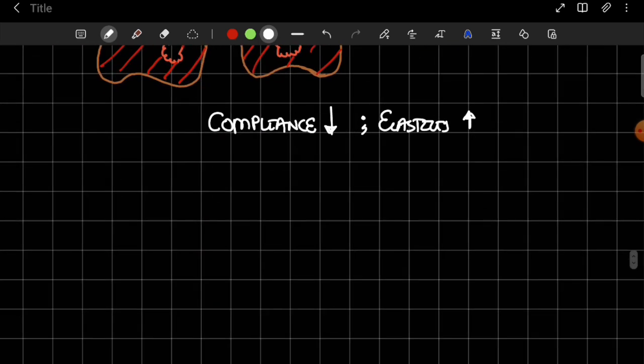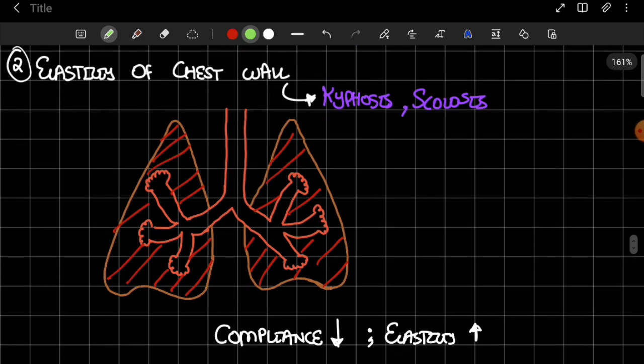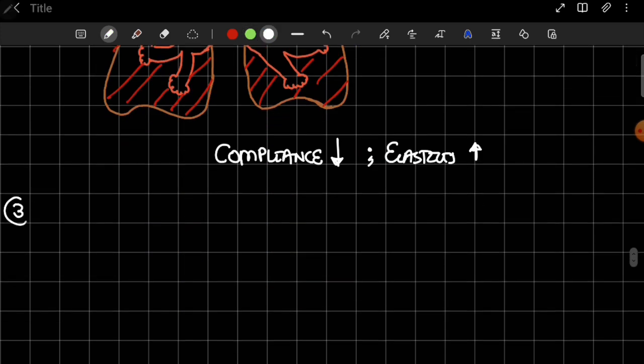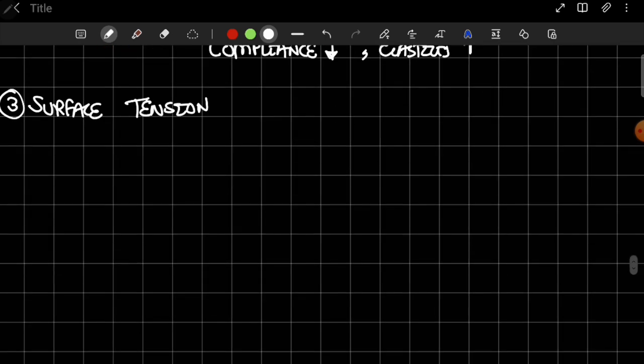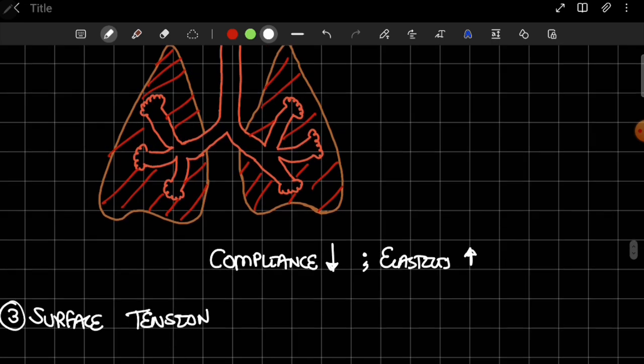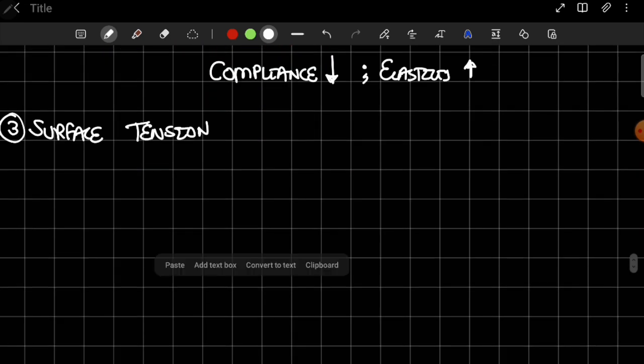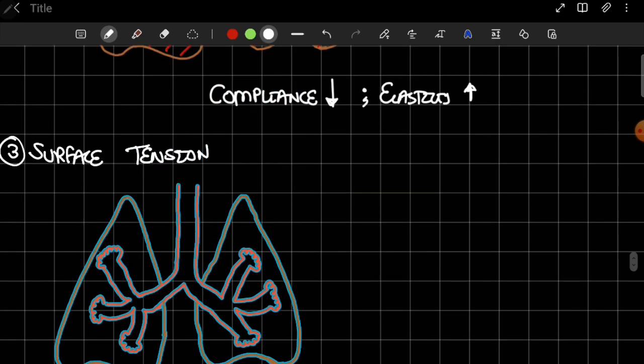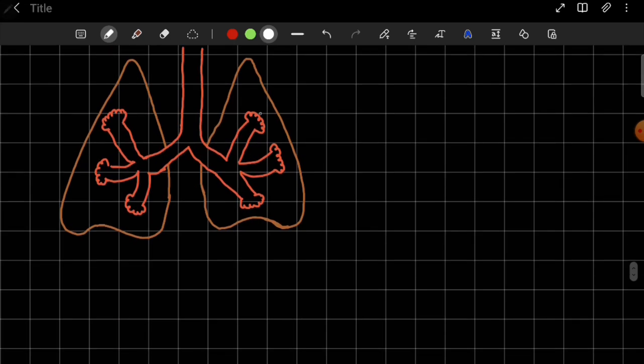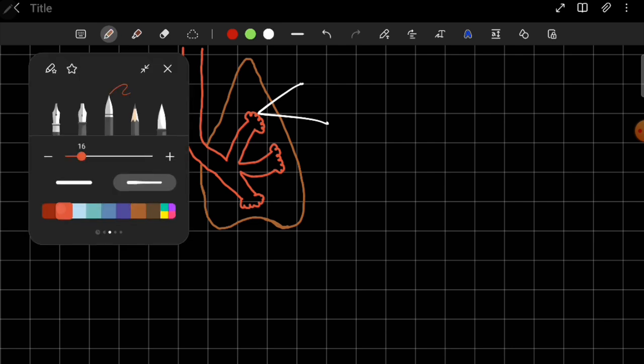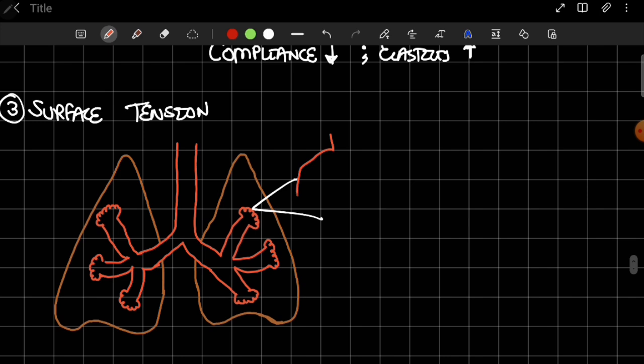Now for the surface tension, we have to go into the alveoli. Just a second. So this is the alveoli.